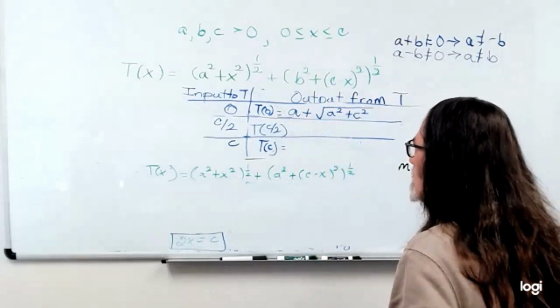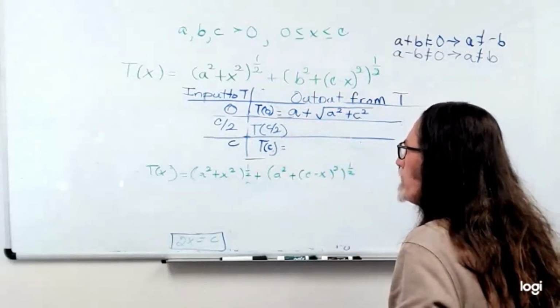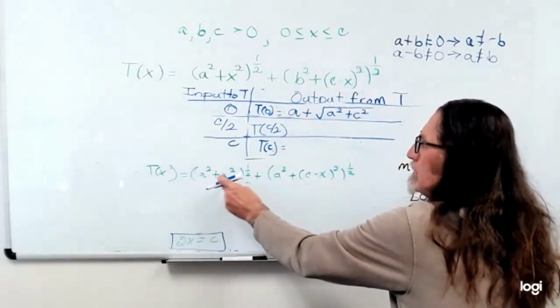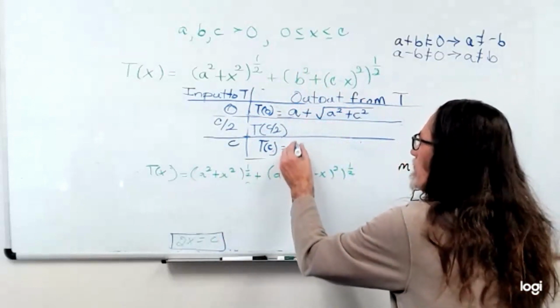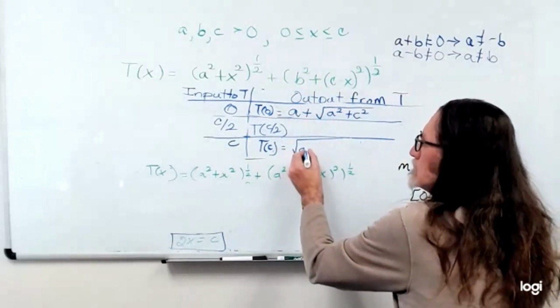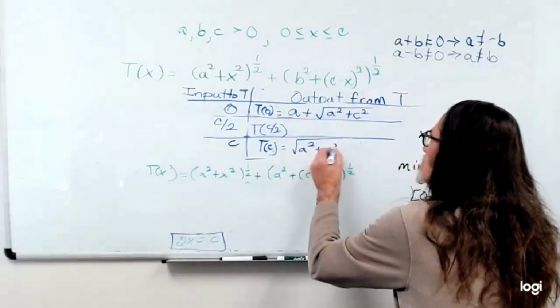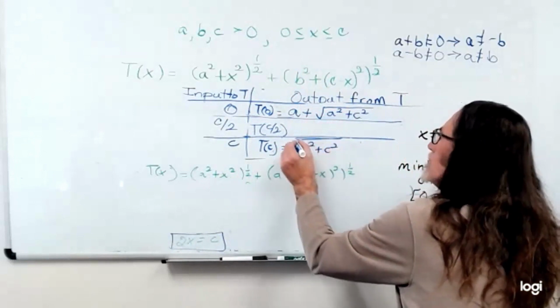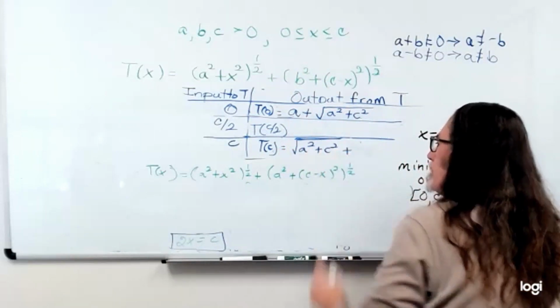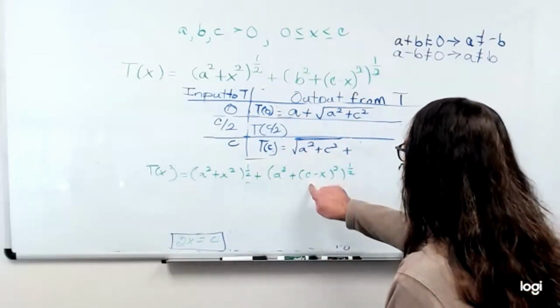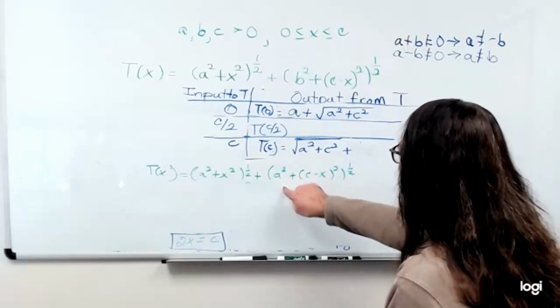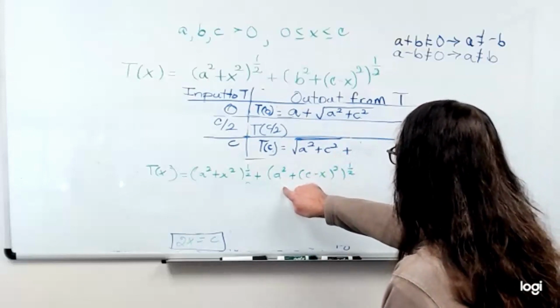And at the other endpoint, we put in c for x. c minus c is 0. 0 squared is 0. a squared plus 0 is a squared.